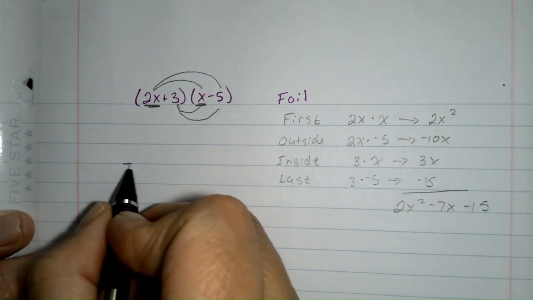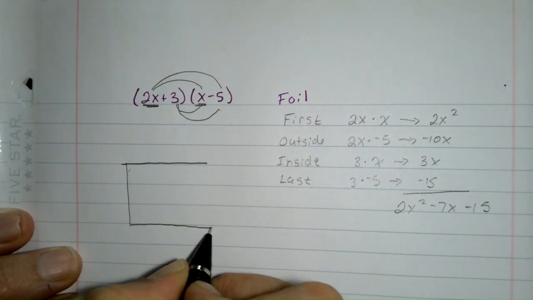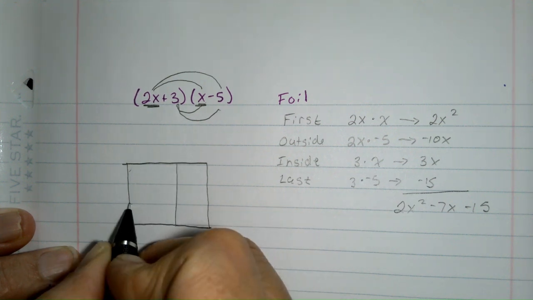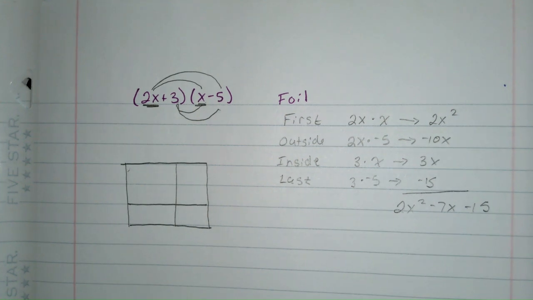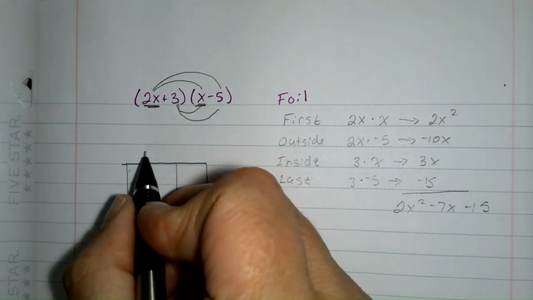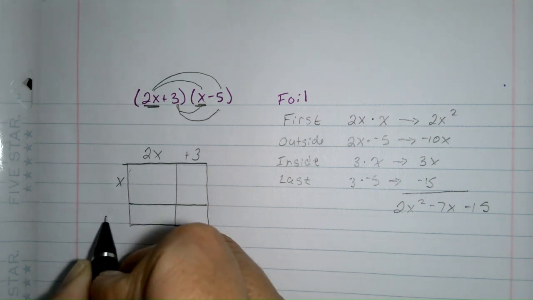I've taught a lot of students to instead go back to a grid method. That's a lot like when you did mental multiplication in elementary, which you called the area model. It was just to help you think about your numbers mentally. So (2x + 3)(x - 5).